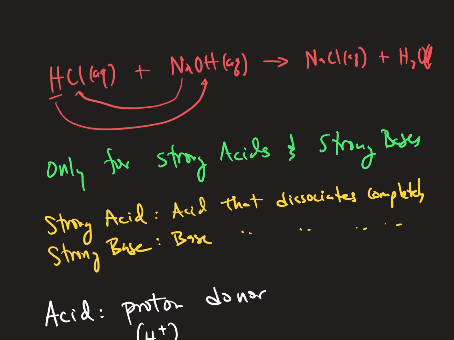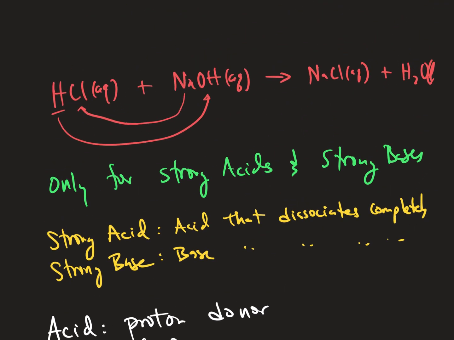So if we look at this equation here, this accepted the hydrogen ion. That's the base. This one donated it, so that's the acid. After it donated it, is it really with sodium?